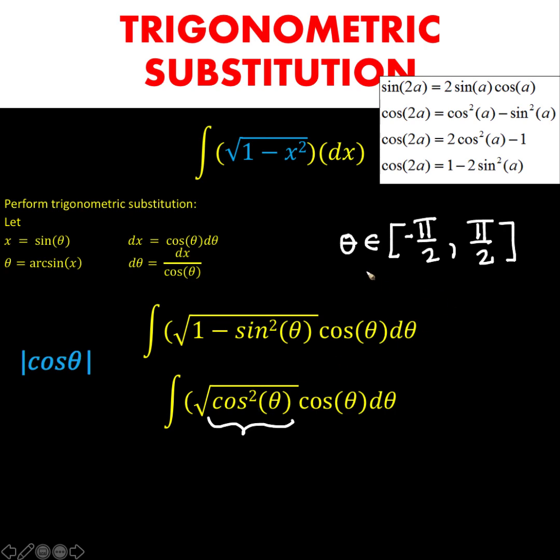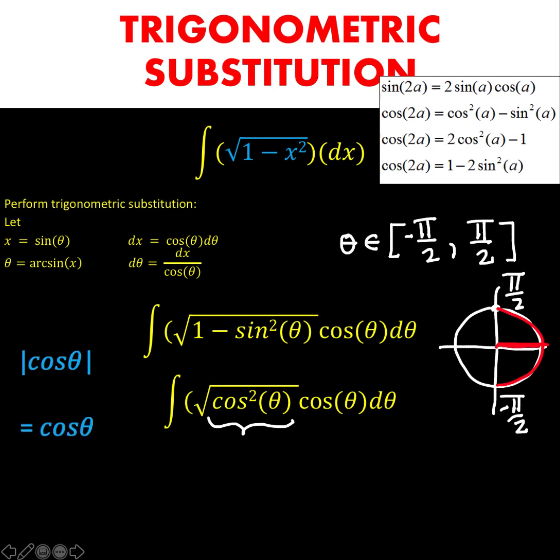But since we restrict our domain, and recalling our unit circle, the angle negative pi over 2 is here, and positive pi over 2 is this part. Notice that the cosine in this interval, that means this x value, is always positive. So there's no problem for us if we remove this absolute value symbol.